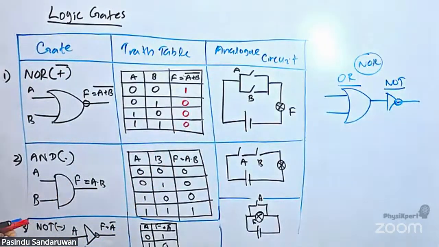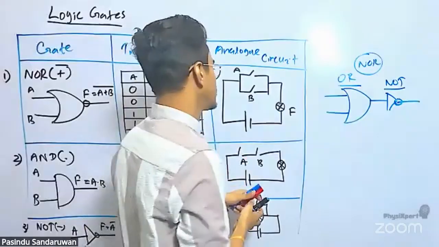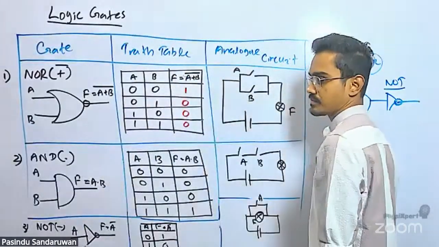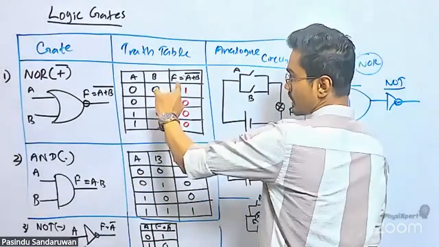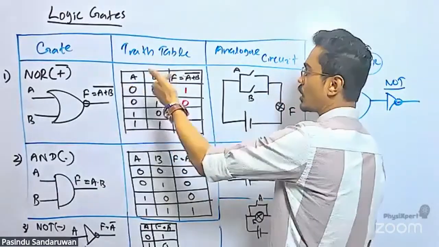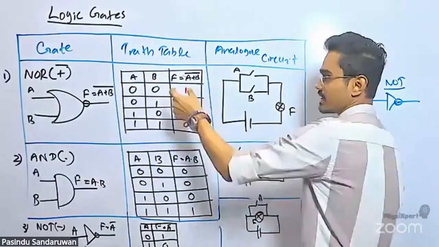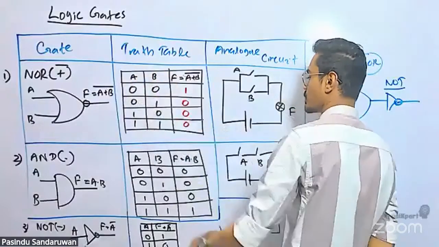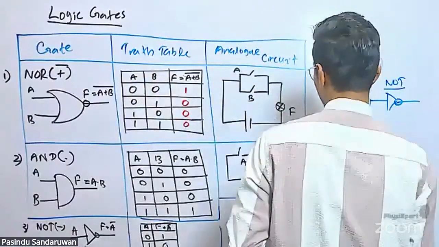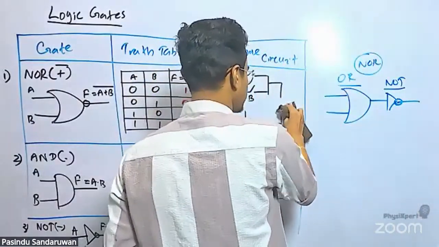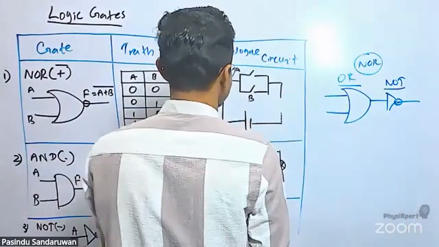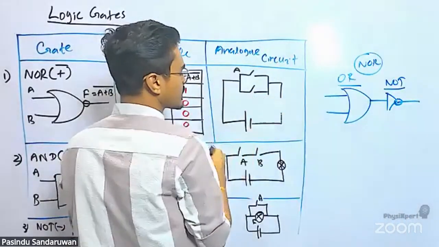When A or B is not 0, the output should be 0. When A or B is 1, the output is 0. Think of electricity.